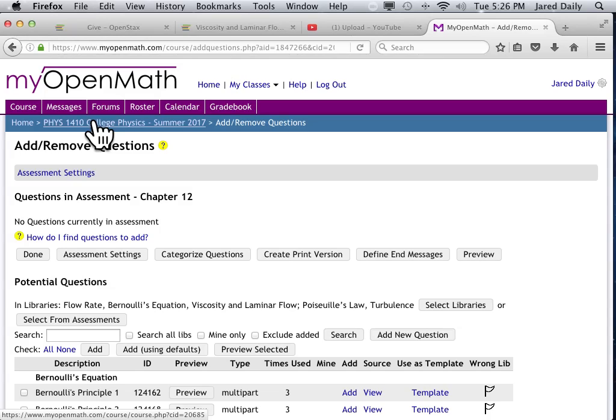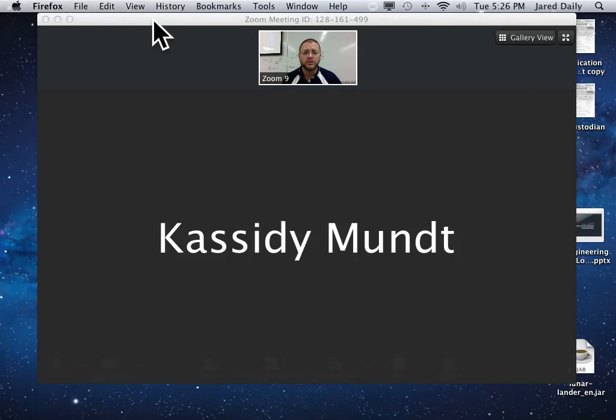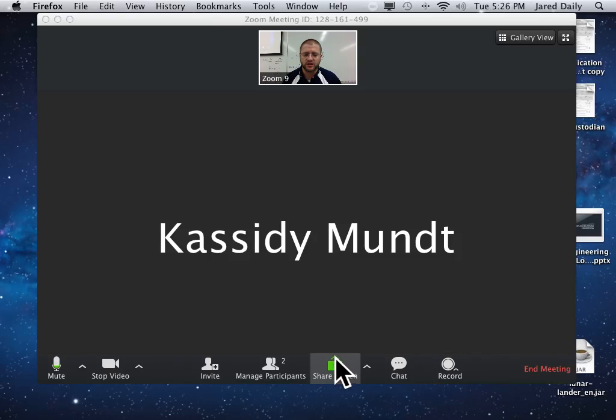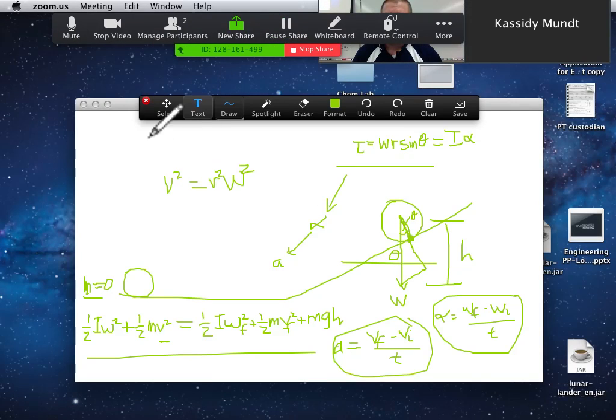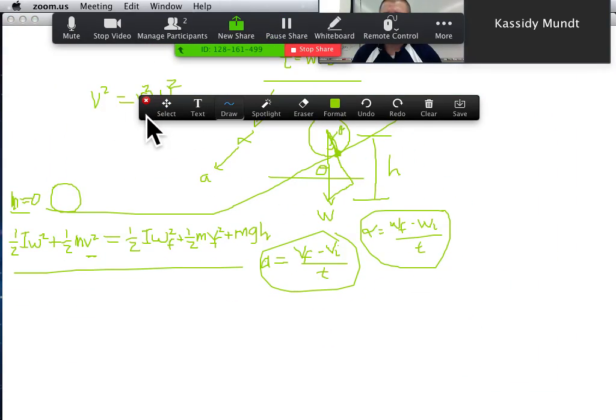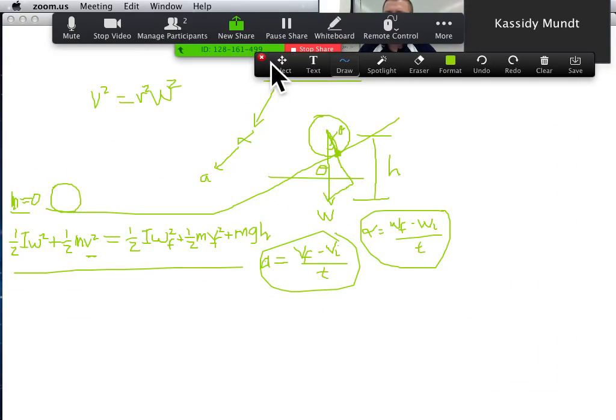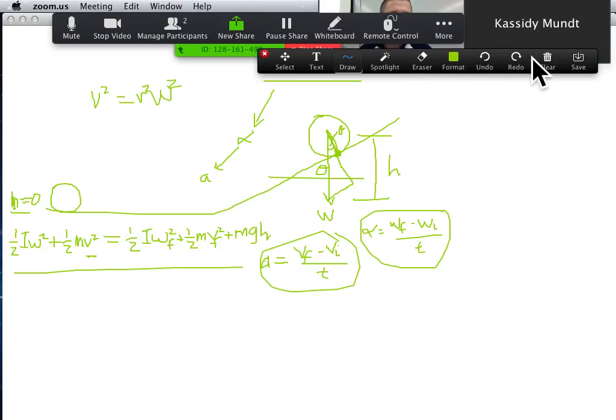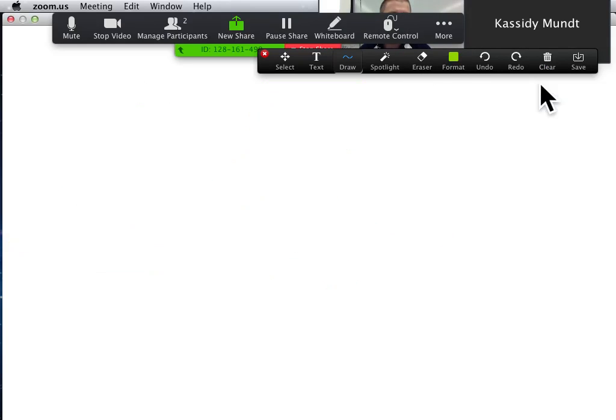Let's see here. I'm going to put up my whiteboard again here really quick. So I know that you have limited tools there that I've sent you, but hopefully you can figure out a way to do this with these tools and other things that you might have at home.